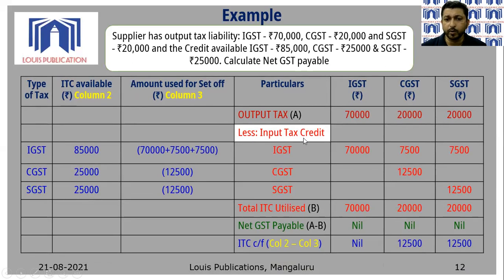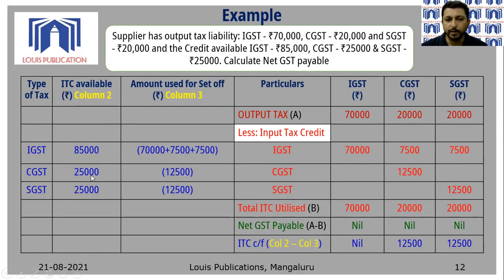Then we take less input tax credit. So first we will utilize IGST credit that is available. We have 85,000. From 85,000, first we are going to settle this 70,000 rupees. So 70,000 is settled. If from 85,000 I take out 70,000, I remain with 15,000. And this 15,000, for convenience, I am apportioning in two parts, 7,500 each. So CGST and SGST liability settle 7,500 each. So 85,000 is completely utilized.